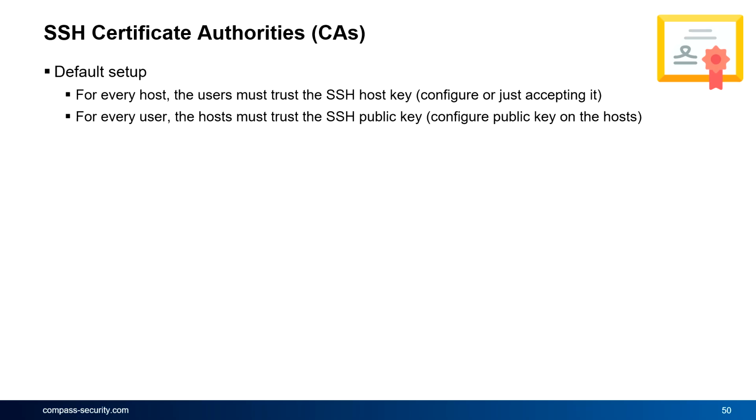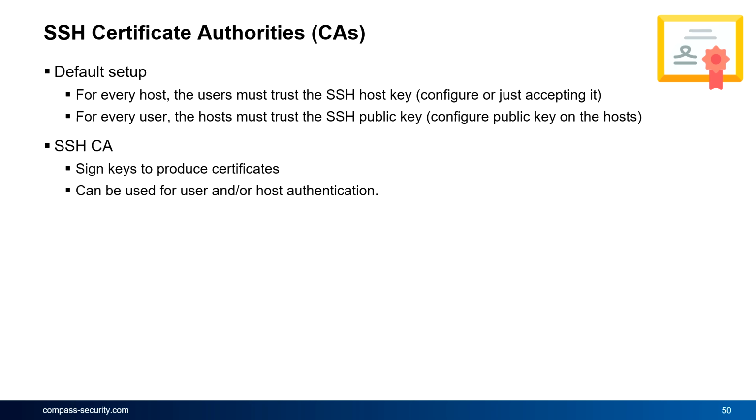This can either be done by using a centrally managed known hosts file, or by having the users just accept the public key of a host when they connect to a server for the first time. Also, for every user, the SSH servers have to trust the SSH public key of the users. So these public keys have to be configured on the SSH hosts themselves.